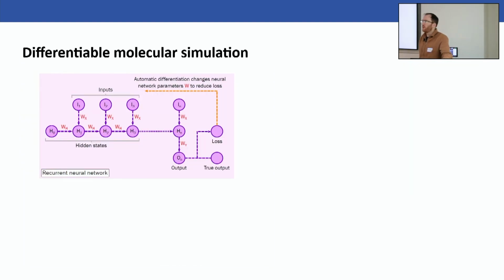Okay, so I mentioned differentiable molecular simulation. This is the topic of my scientific research, as it were. The easiest way to motivate this is probably as an analogy to a recurrent neural network, which some of you are probably familiar with.